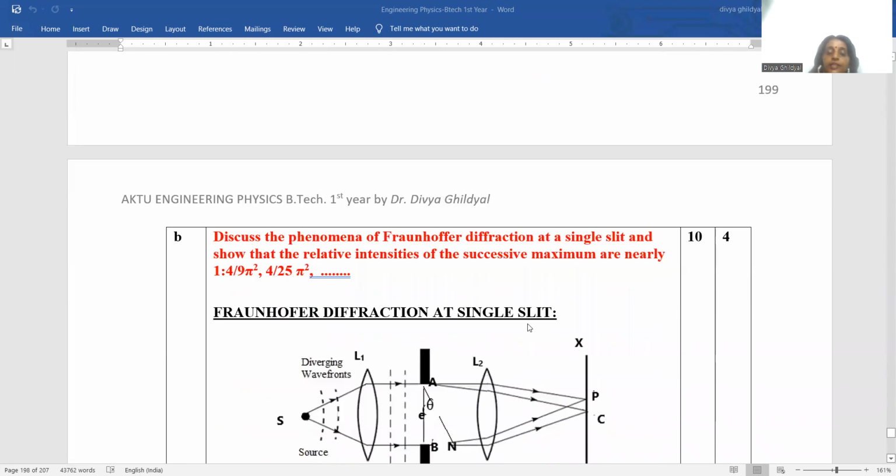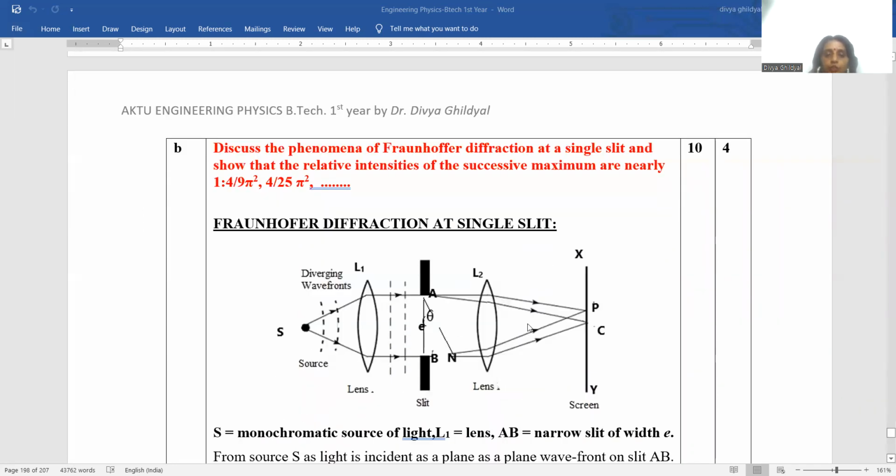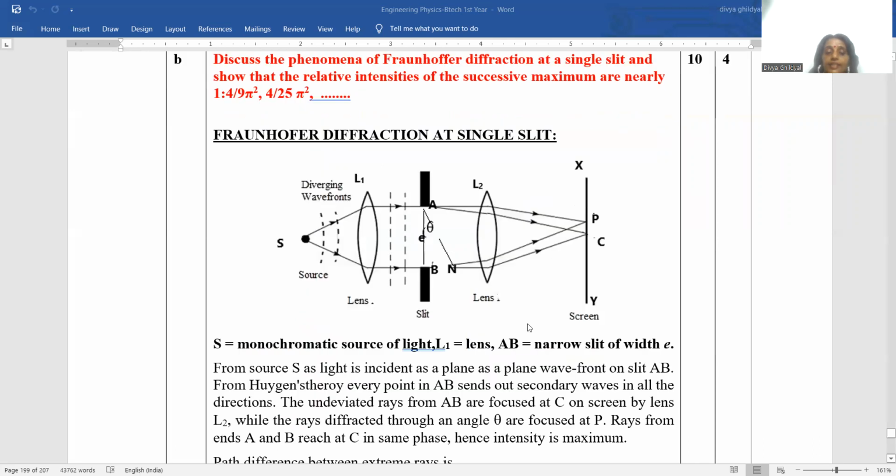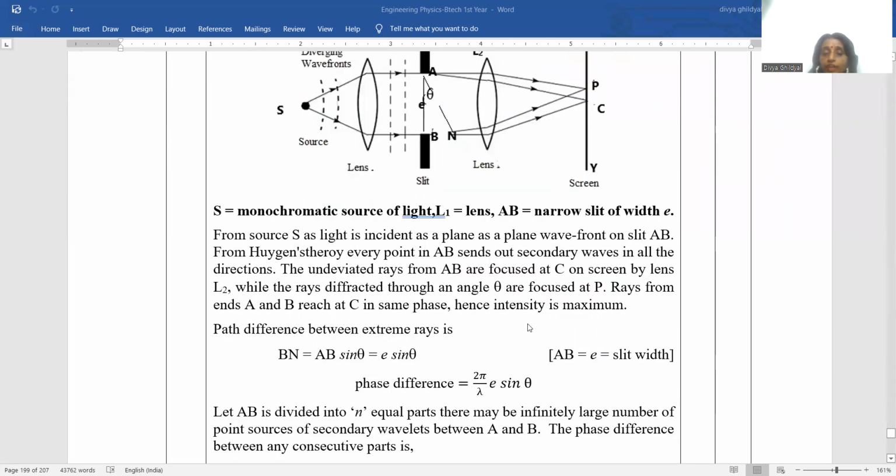Discuss the phenomena of Fraunhofer diffraction at a single slit and show that relative intensities of successive maxima are given by this series. So I will draw my diagram for single slit. It can fetch me 3 to 4 marks if I label the diagram properly by labeling the lenses, screen, slit, etc., the monochromatic source of light.